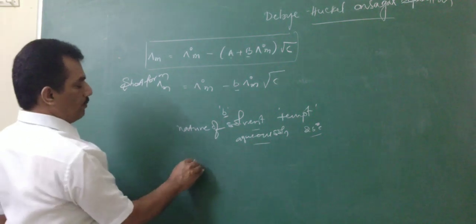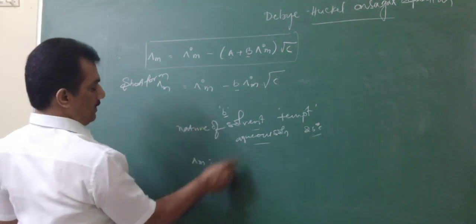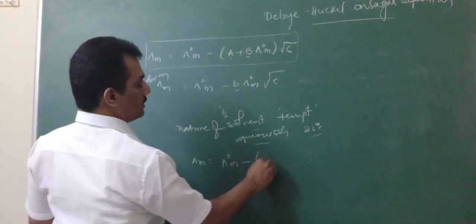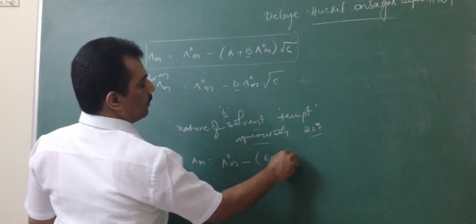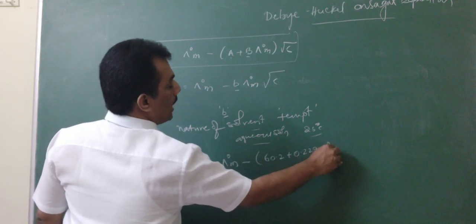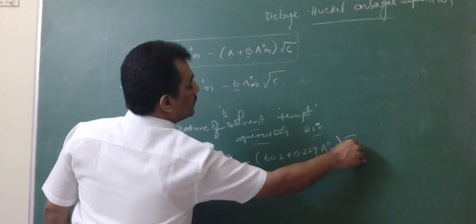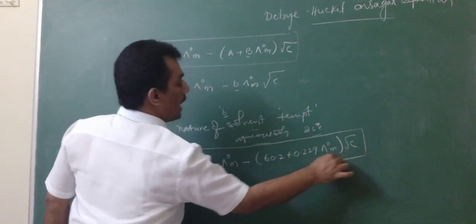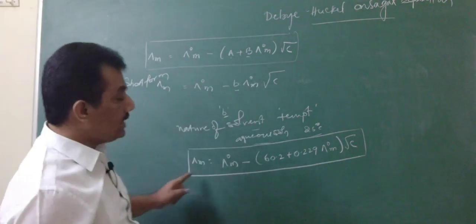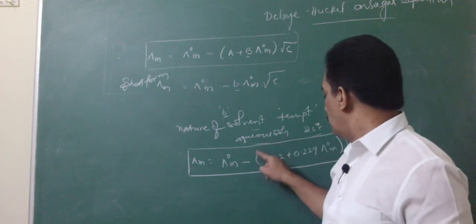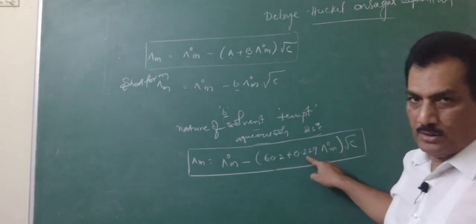Here this form, that is lambda m is given as lambda naught m minus (60.2 plus 0.229 lambda naught m) into root c. This is the Onsager equation for aqueous solutions at 25 degrees centigrade. Clear? And this value is nothing but the b value.